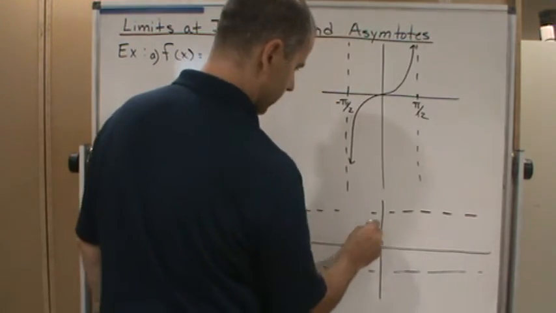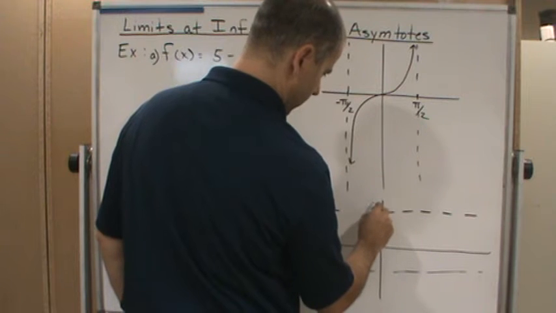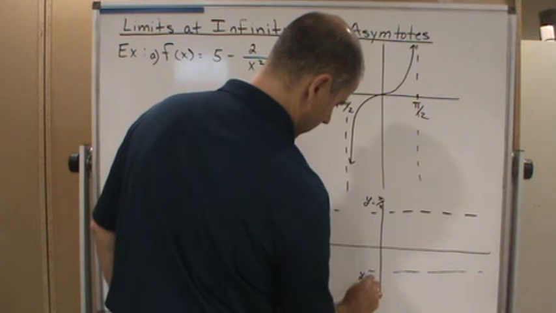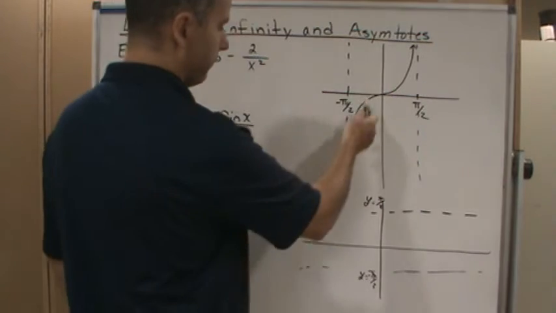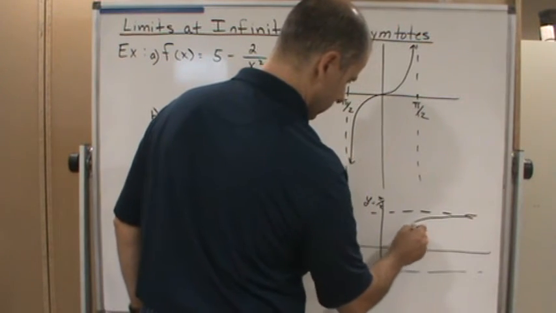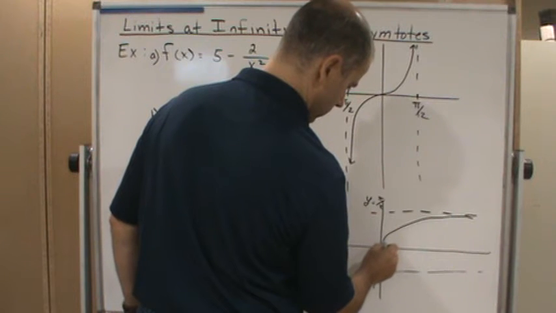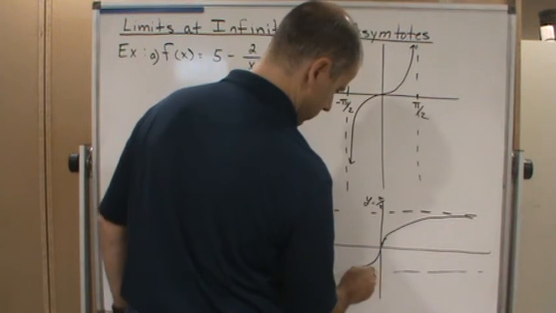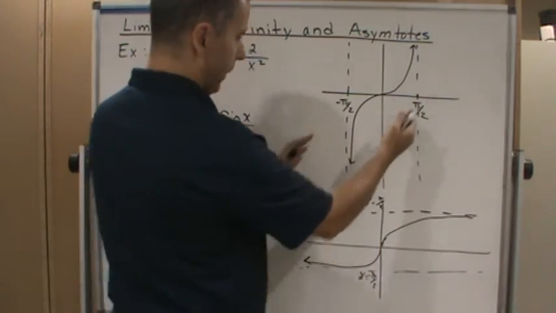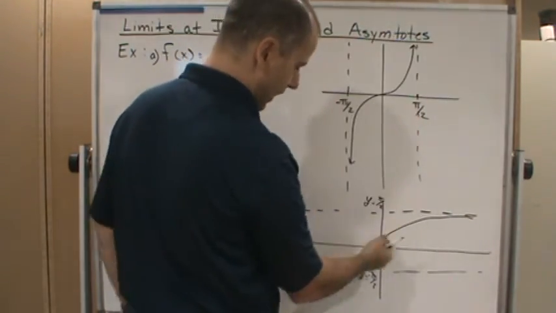This is just going to be a sketch. So this is going to be at y equals pi over 2, y equals negative pi over 2. So if I flip this, I get something that looks like this. Basically it just flips.